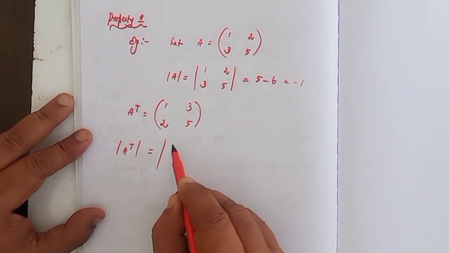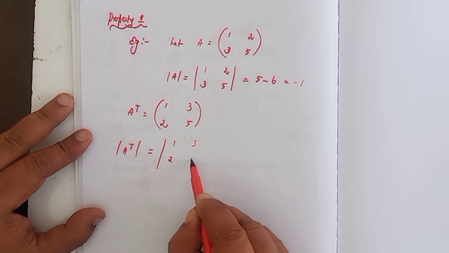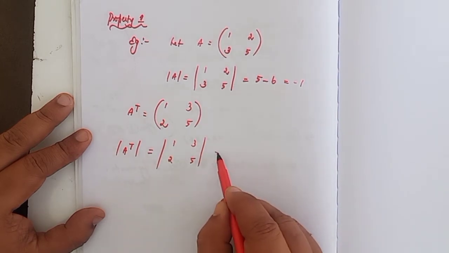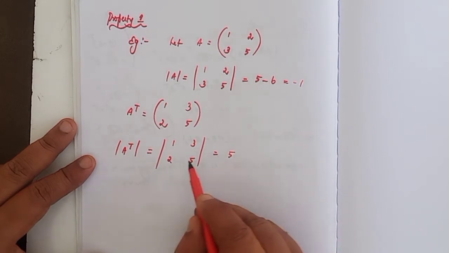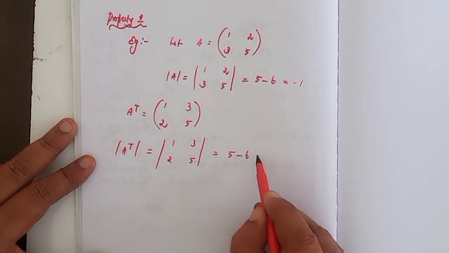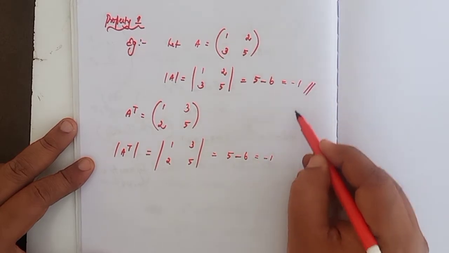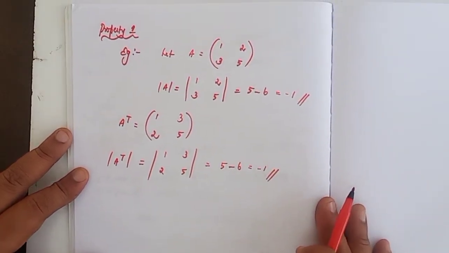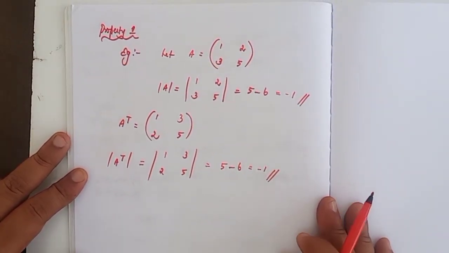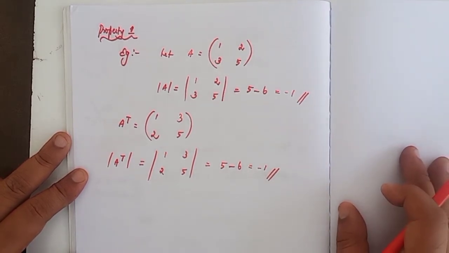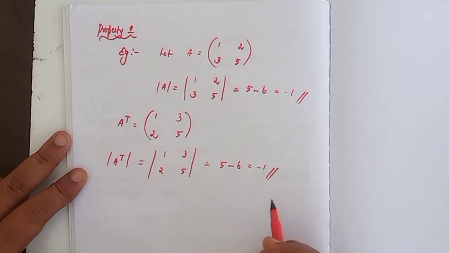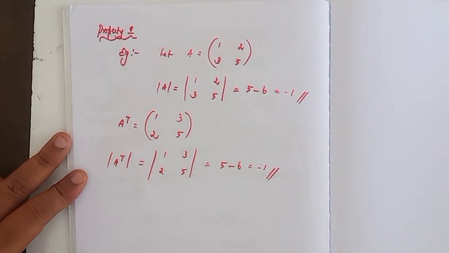Determinant 1, 3, 2, 5, that is equal to 5 ones are 5, 2 3s are 6, become minus 6, that is equal to minus 1, same minus 1. So, that is property number 1. If we interchange rows into columns and columns into rows, the value of the determinant does not change. So, property number 1 is over.